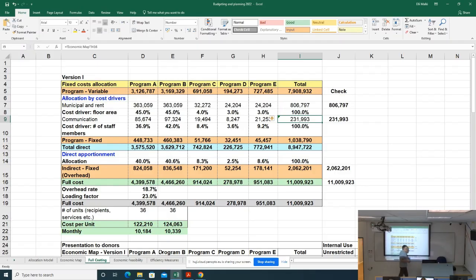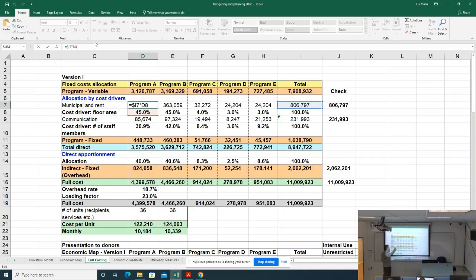And then comes the allocation part, which is relatively straightforward. For example, let's take this figure, 363,059, which we want to allocate to program A. So I'm going to show you how the formula was made. We take the amount that we want to allocate, 806,000, we multiply it by 45%.